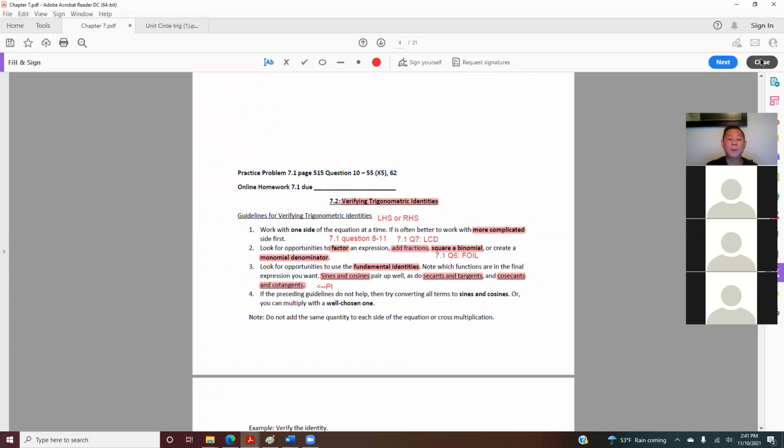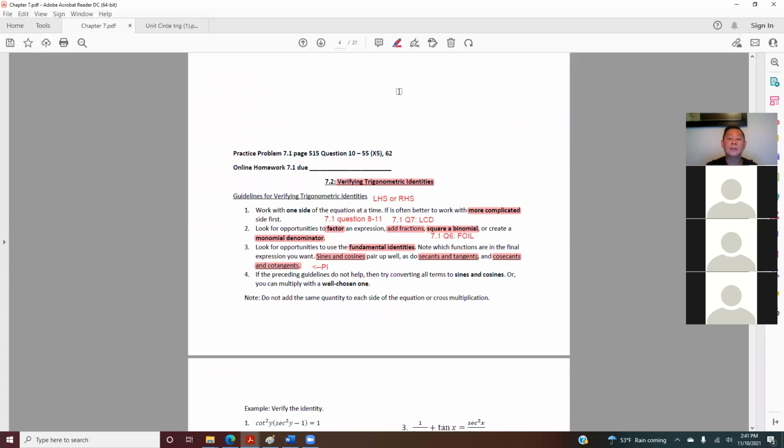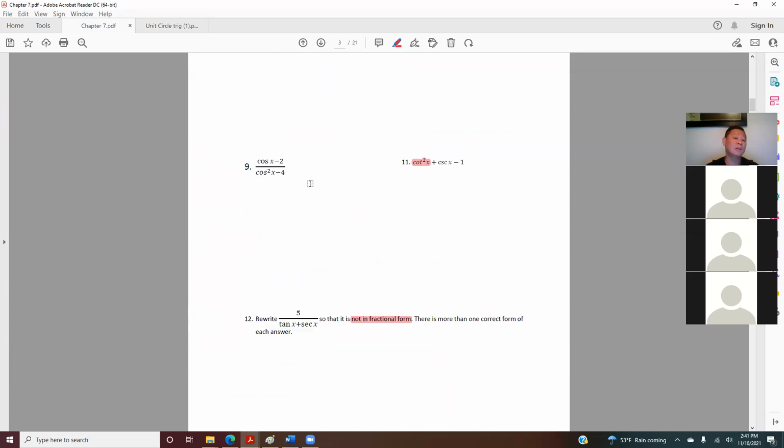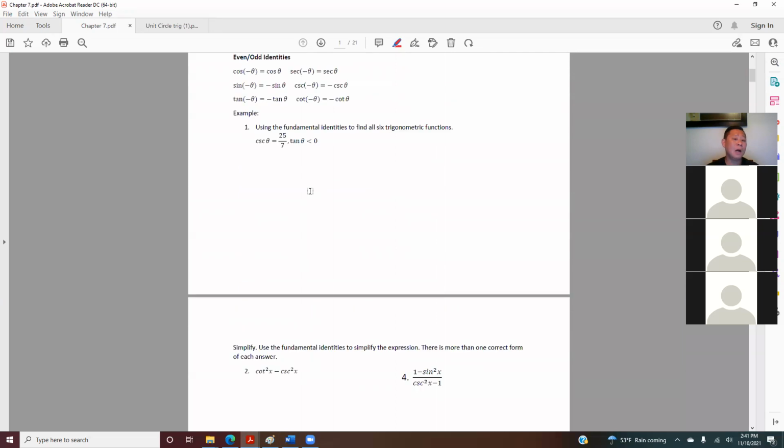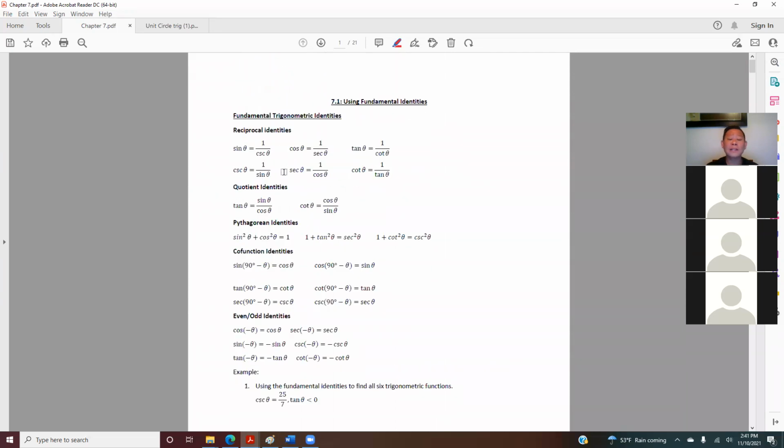And the last but not least, if you cannot do this proving, you can convert all the terms into sine and cosine. If you look at all these identities, your tangent and cotangent can change in terms of sine and cosine.